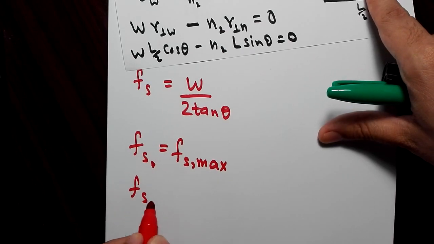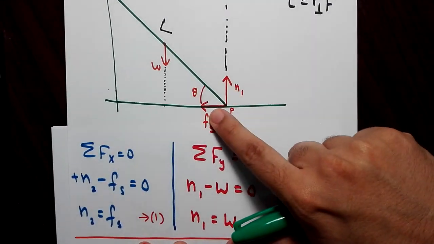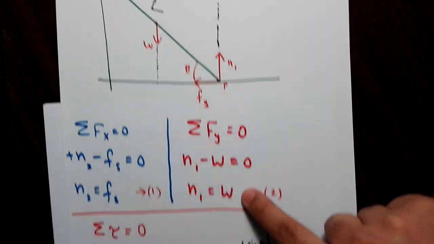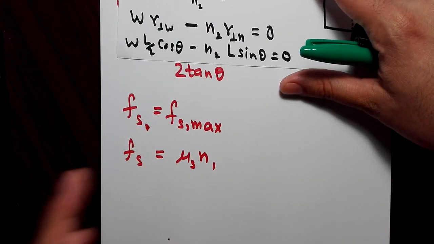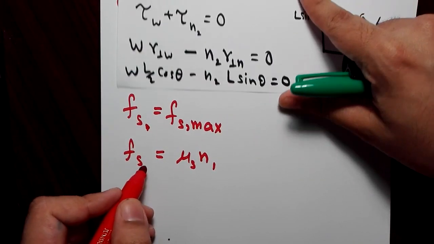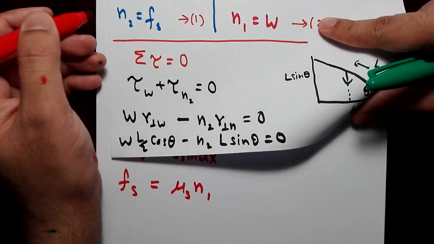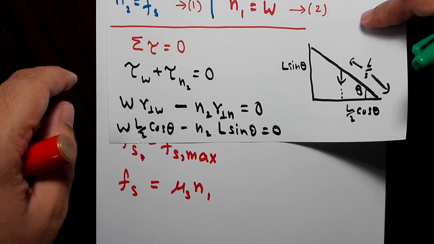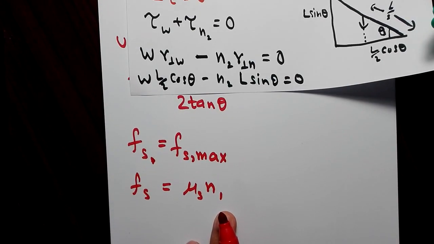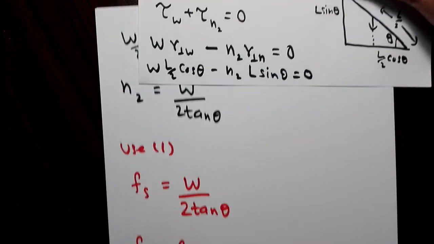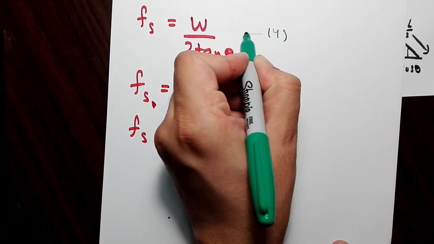So Fs is equal to mu s times the normal force, where this is the maximum. And the normal force is given by this equation. Let's call this equation 4.